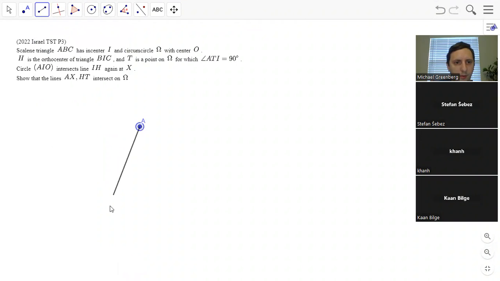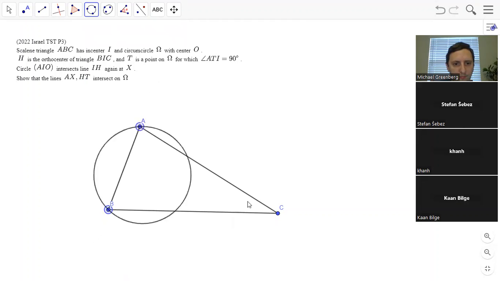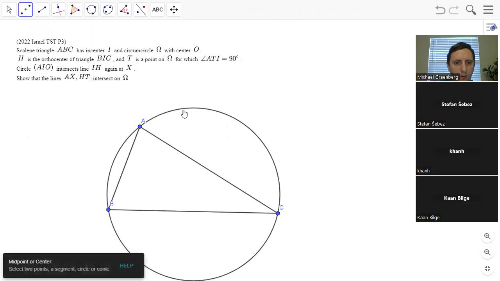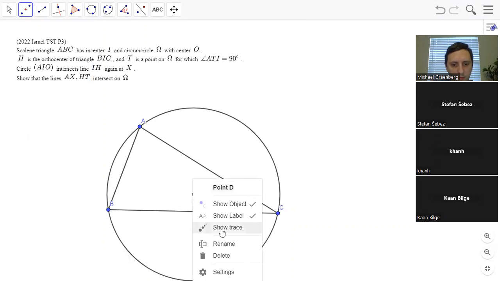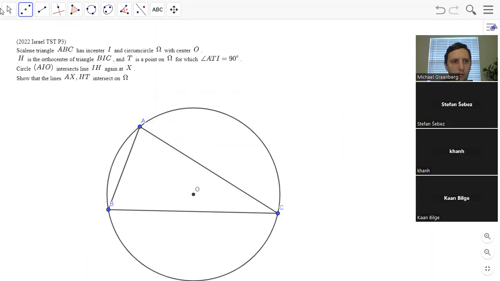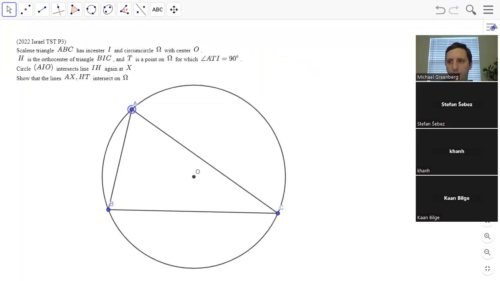So we have a triangle ABC with incenter I, and we draw the circumcircle with center O. And then we draw the orthocenter of BIC.